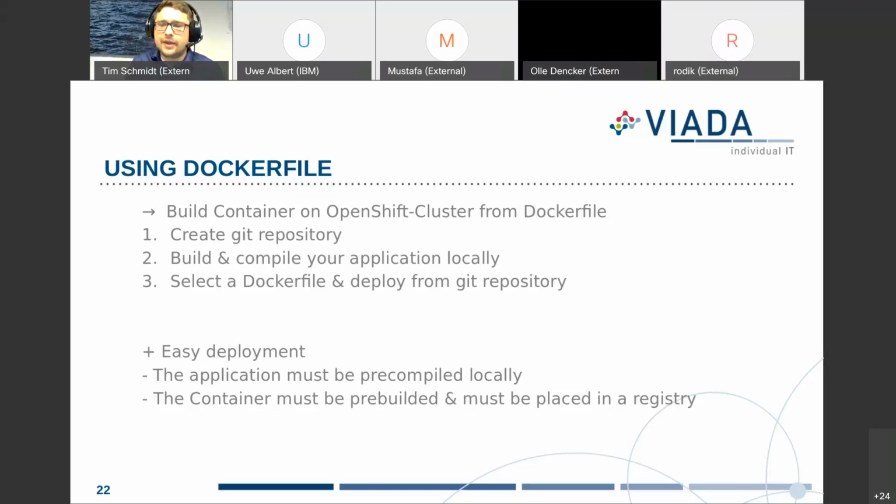But as a disadvantage, the application must be pre-compiled locally, also the native build. And if you have big applications, maybe you do not have enough RAM on your desktop PC. The build will be run on the OpenShift cluster, but not the application. The application must be pre-built and placed in the repository. And I think ready applications in a Git repository is not state of the art.